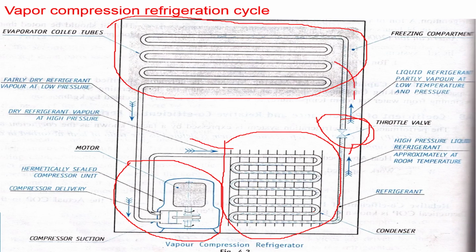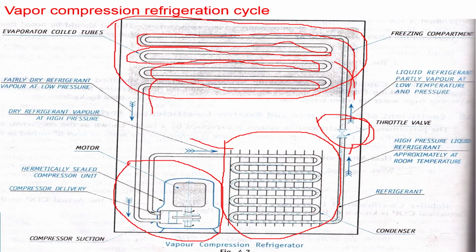Now we will see one by one. To begin with, I will start the process of evaporation. Low temperature, low pressure liquid enters the evaporator coil. While passing through this, it absorbs the heat and becomes vapor, then it absorbs the sensible heat, becomes higher temperature, and the vapor comes out here.